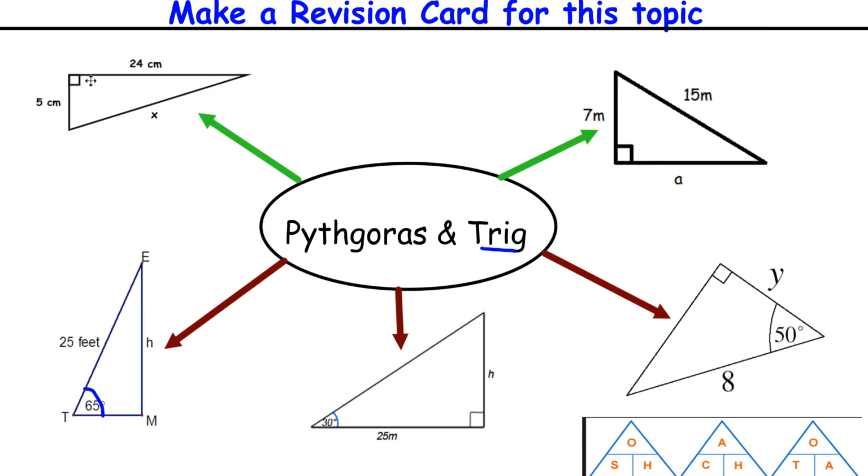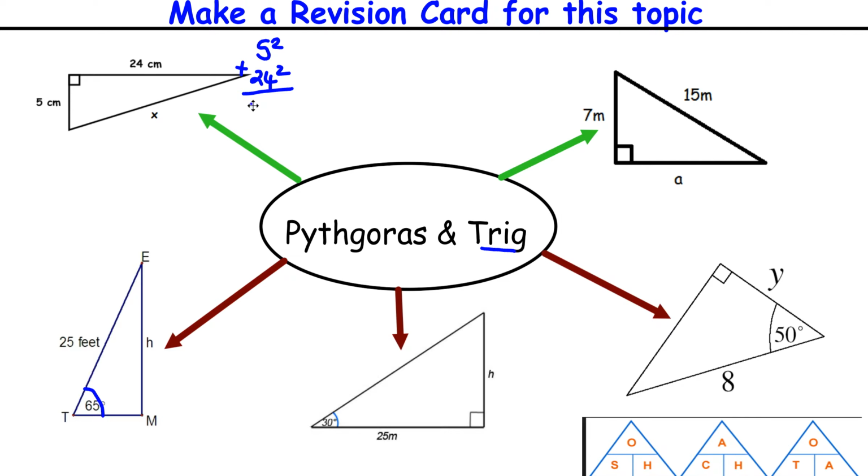Okay, let's take a look at this question over here. There's no presence of a reference angle, so I'm going to go straight forward and apply Pythagoras' theorem. Now, what I need to do in order to find out the longest side, which is called the hypotenuse, which is marked as x for this question, is that I'm going to square both sides. 24 squared, add them up, and then that answer I'm going to square root it.